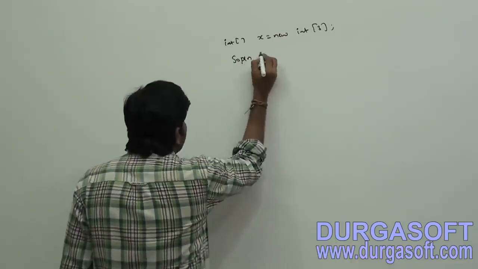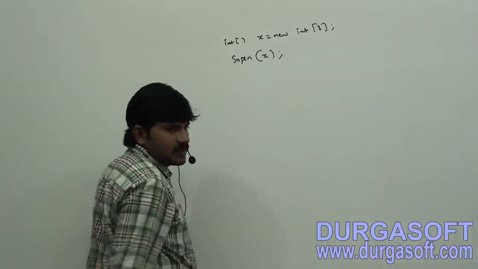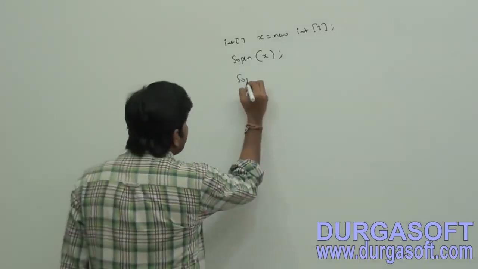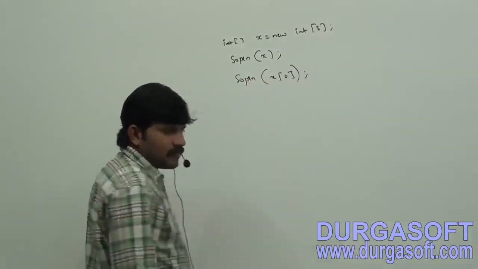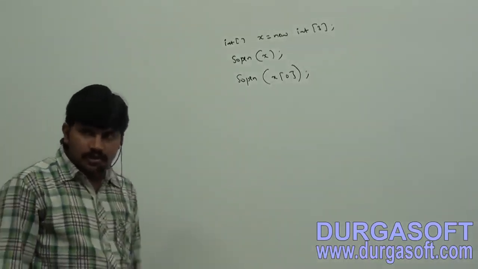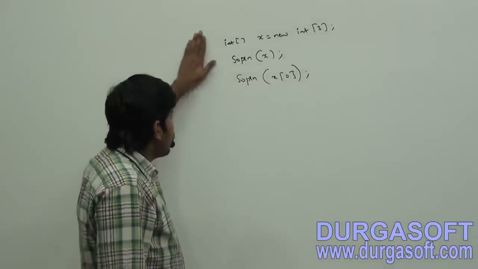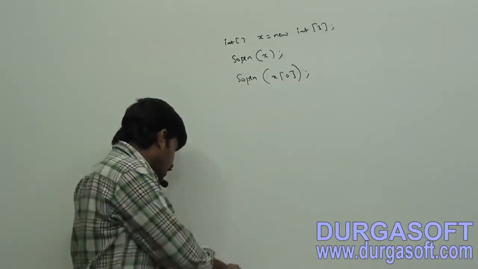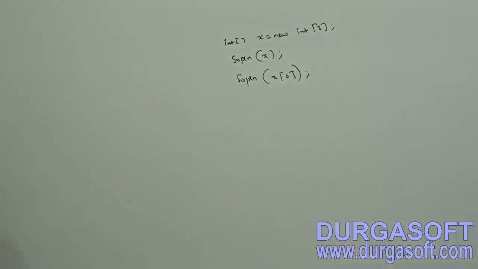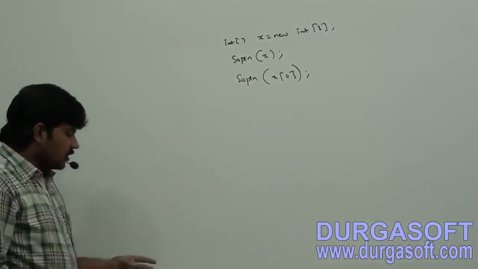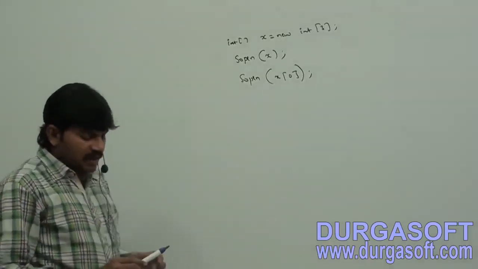System dot out dot println of x, and println of x of 0. Can you tell what is the output we will get? In the first case what is the answer, in the second case what is the answer?